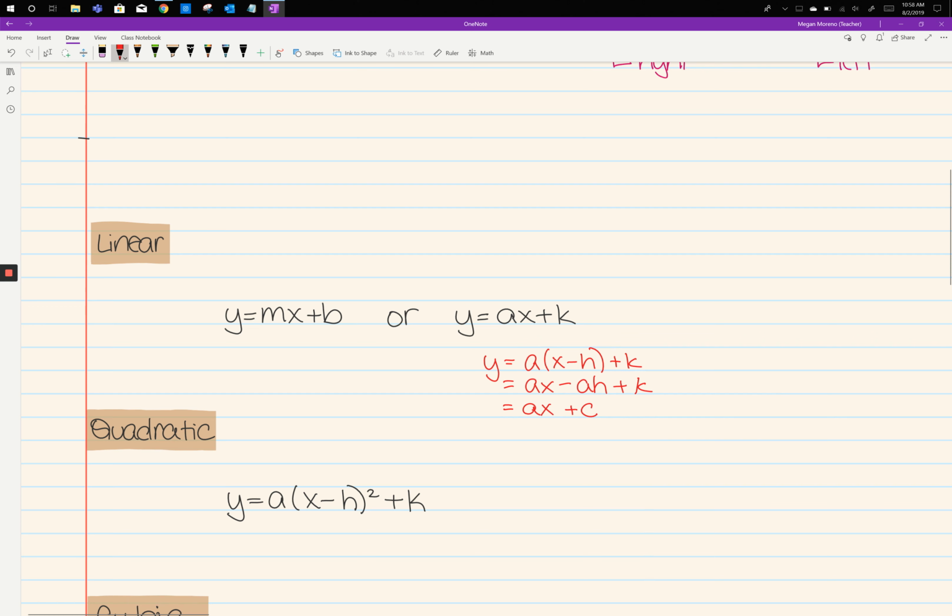So that's why we don't have an h here. Even if we did, it would turn into our vertical shift.